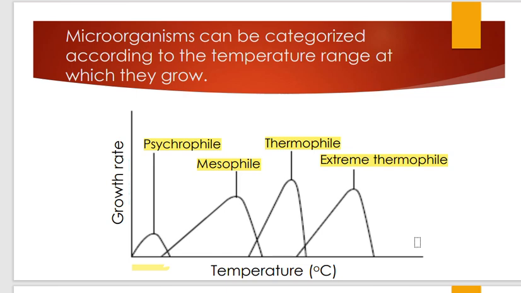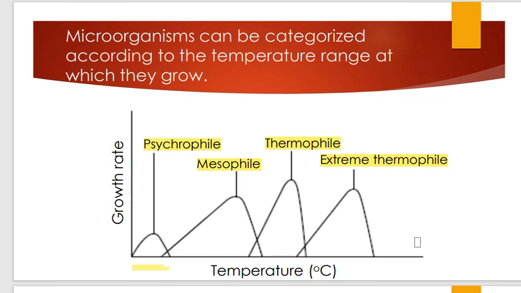So again, your psychrophiles are cold loving and they grow best at temperatures less than 20 degrees Celsius. Then we have your mesophiles or mesophilic microorganisms, which are moderate temperature loving. So they can grow at 25 to 40 degrees Celsius, so basically your ambient temperature. Then we have your thermophilic microorganisms or thermophiles, which are heat loving.